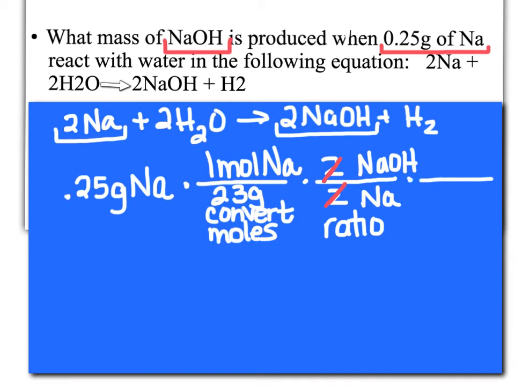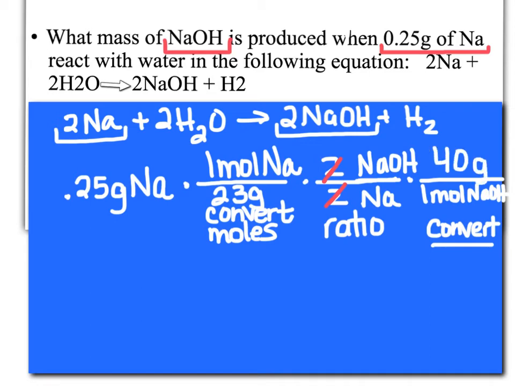Alright, and our last step is going to be to convert again, because if we were to stop here, our answer would be in moles of sodium hydroxide made, and they're asking us how many grams of sodium hydroxide are going to be made. So 1 mole of sodium hydroxide weighs 40 grams. And now let's double check that we've set this up right.